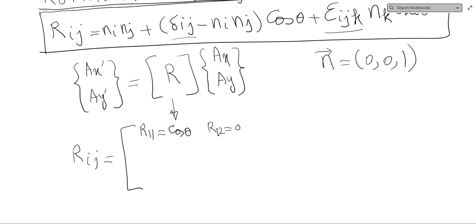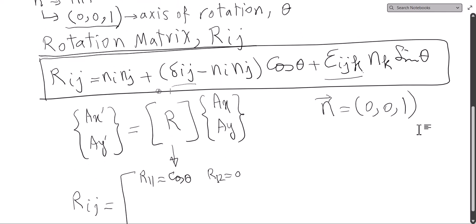Okay, here we have to be careful. Delta 1, 2 is 0, and n_i n_j is 0. But n_k is actually not 0, sorry, here you have to be very careful.